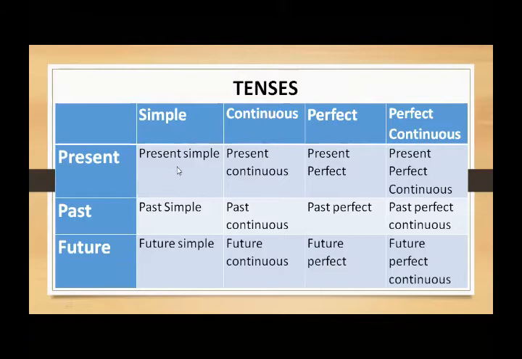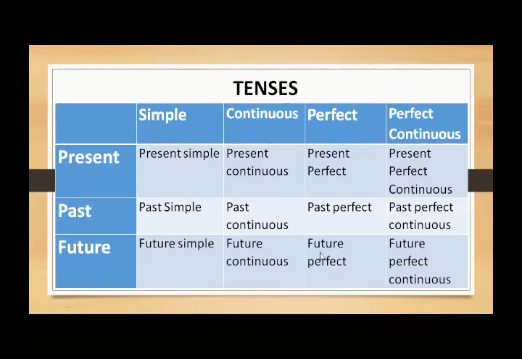So we can divide these three tenses into four types: simple or indefinite, continuous, perfect, and perfect continuous. So we can say there are 12 tenses.